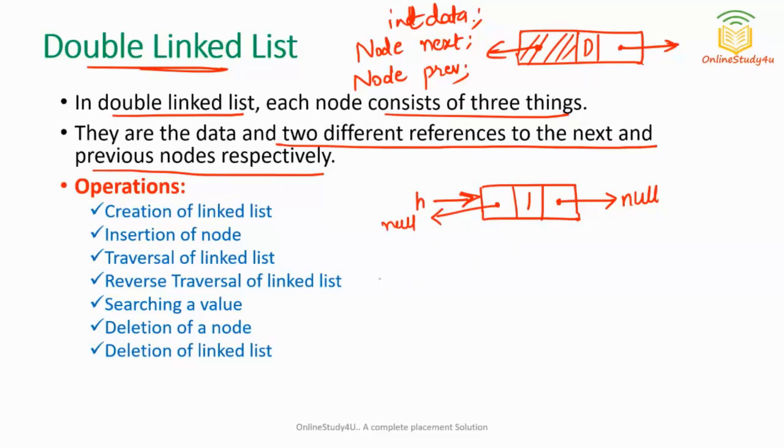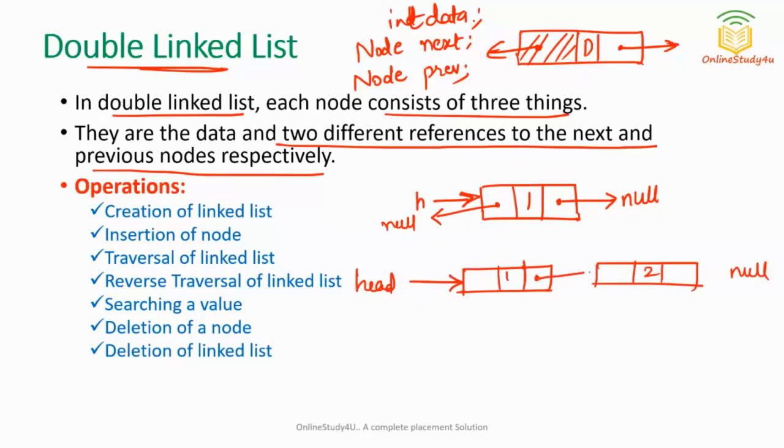Now suppose we insert elements, how will it look? So this is head. Suppose we have 2 nodes, this is the first node, this is the second node, and let this be null. Let us have 2 data, the first is having 1, the second is having 2. Now the first node next is pointing to the second node, and the second node previous is pointing to the first node. So this is the situation.